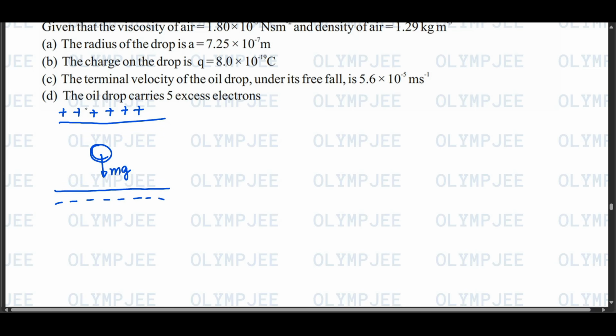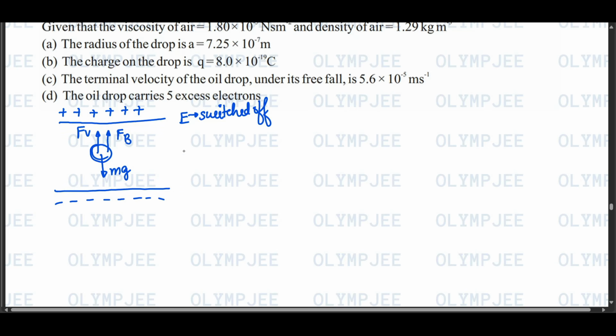Since the electric field is switched off now, there will be a viscous force above and a buoyant force above.